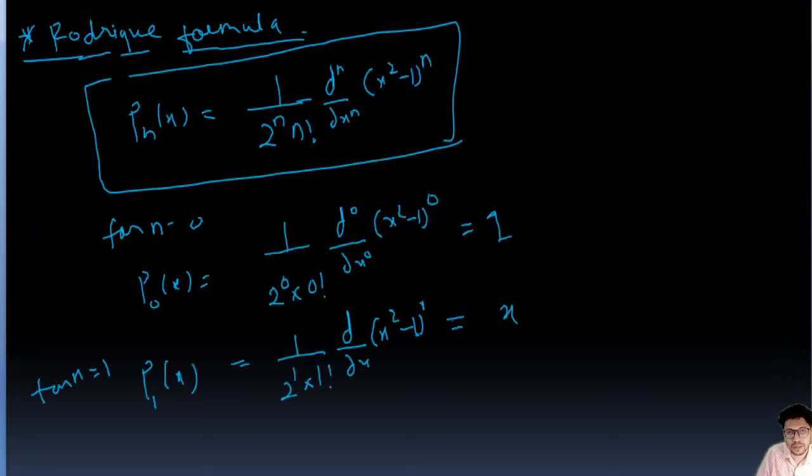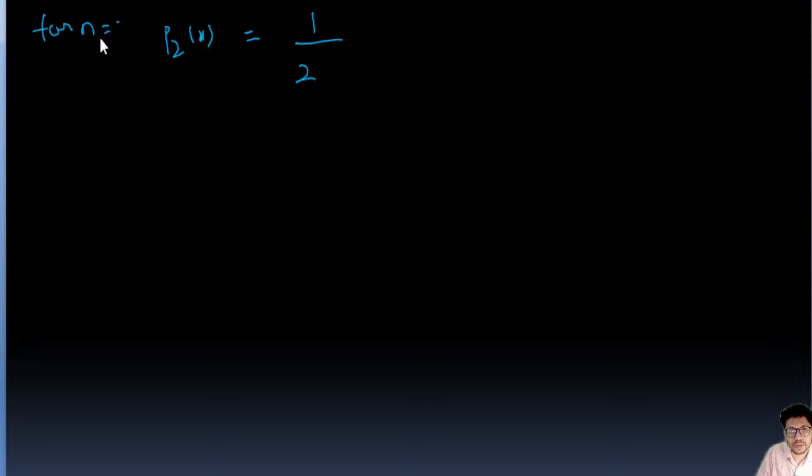And similarly for n equal to 2, P2(x) is going to be 1 upon 2^2 into 2 factorial, d^2 over dx^2 of (x^2 minus 1)^2.